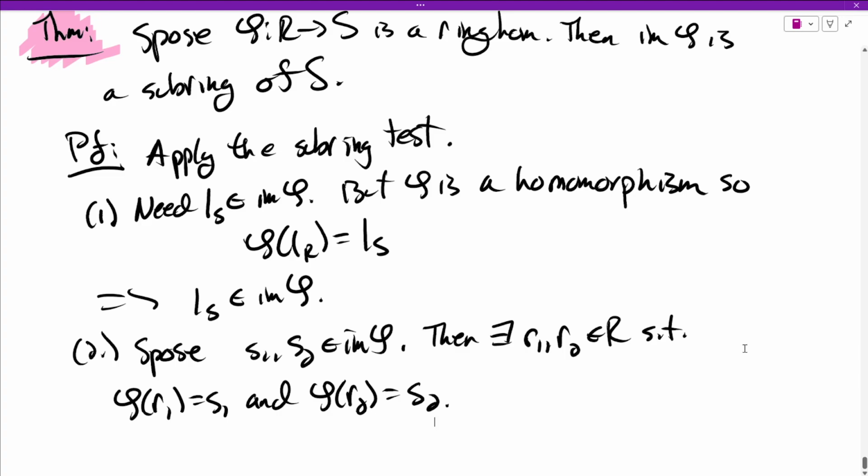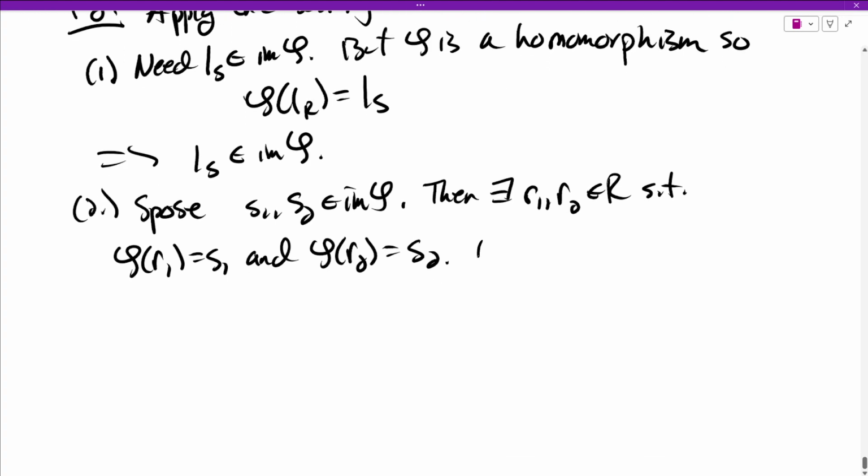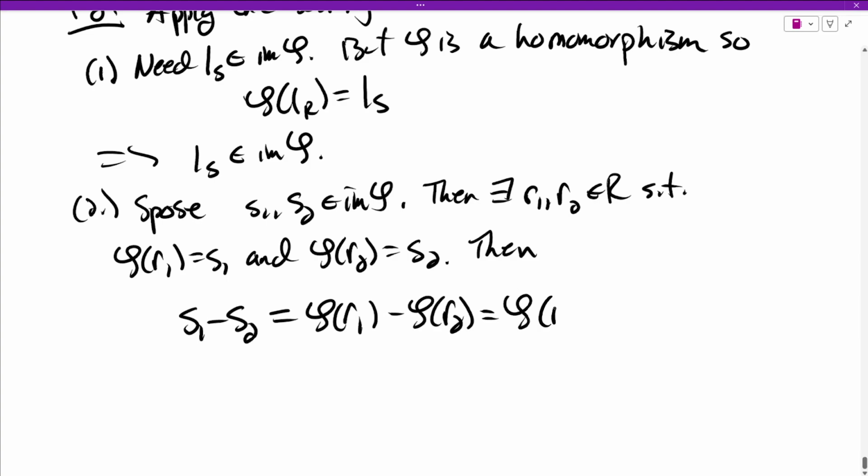That's what it means to be an output. Then the difference S1 minus S2 is phi of R1 minus phi of R2, which is phi of R1 minus R2. And that's certainly in the image. It's phi of something. So the difference of S1 and S2 is phi of something, so we're good.